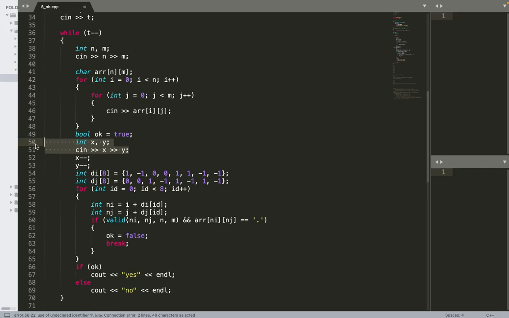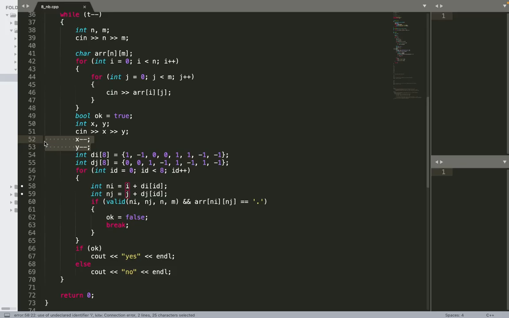For that, because we have taken it as zero based and the input will come in one based indexing, we need to ensure that these are also made zero based. It's just for implementation convenience.